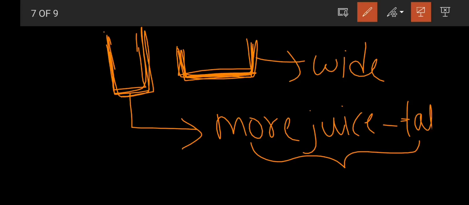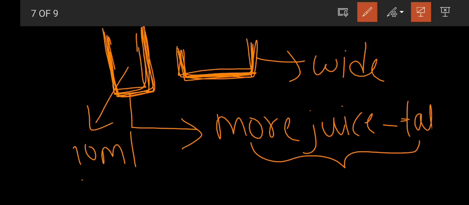The child can't focus on this aspect in the pre-operational stage. But in this stage the child will gain decentration. Decentration means he can focus on both aspects now. This container is tall and narrow, and it has 10 ml of juice even though it is tall.